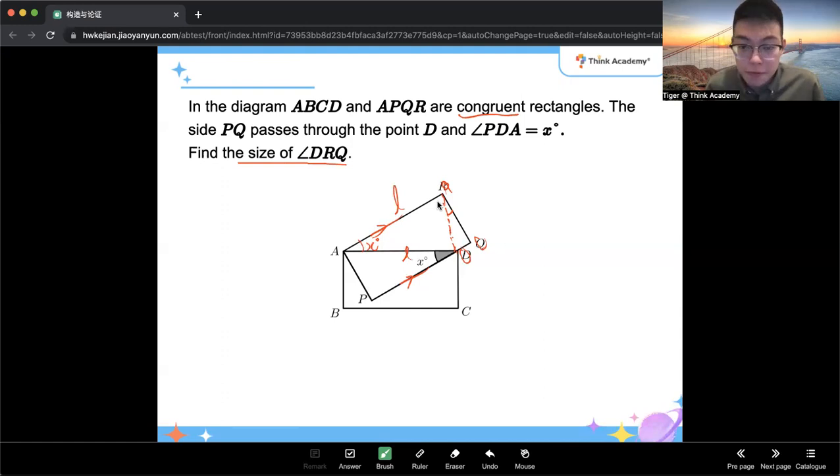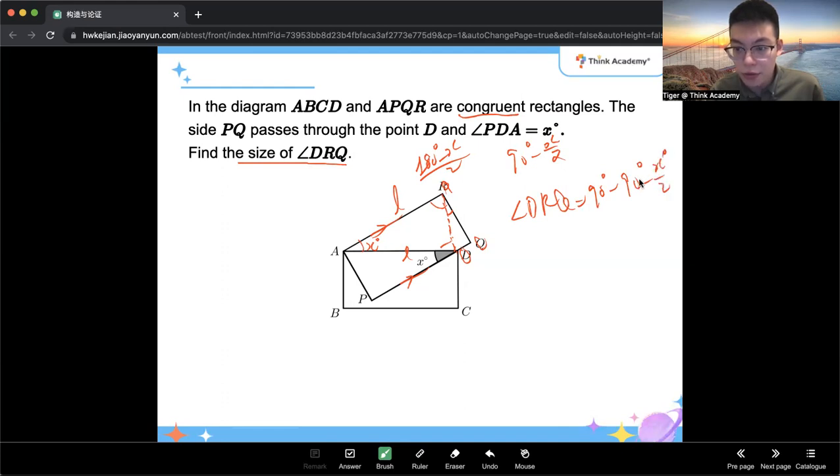And that's isosceles. So it means that the base angles are both 180 take away x, divided by 2. So that's 90 degrees take away x over 2, which means DRQ is 90 degrees take away 90 degrees take away x degrees over 2, which is x degrees over 2.